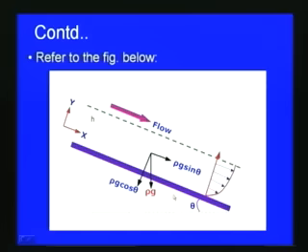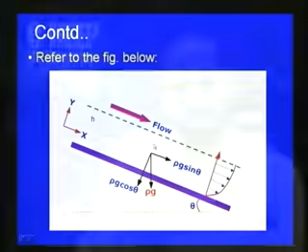So, here the problem is defined in this figure. We have an inclined plate and a flow is taking place above the plate, the thickness of the flow is h, and the angle of inclination of the plate is theta. Comparing to the earlier problems, like plane Poiseuille flow or just flow over a plate, here the plate is inclined.